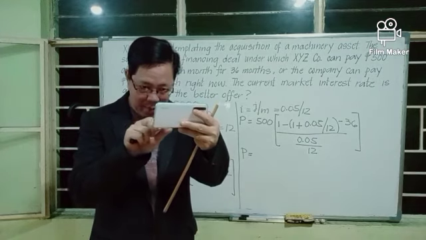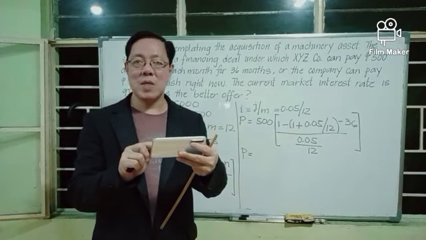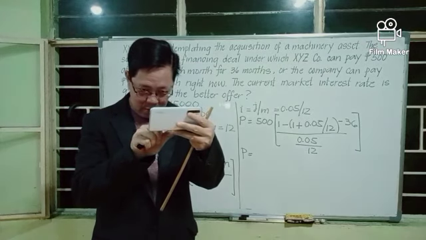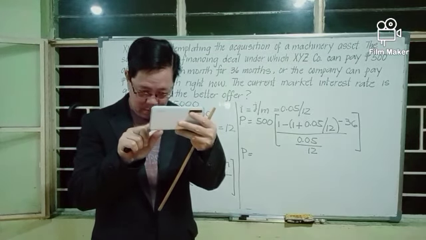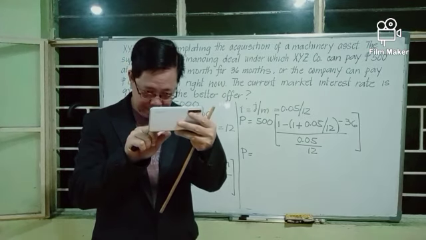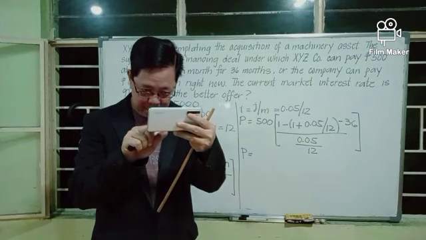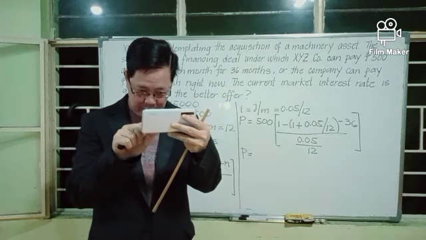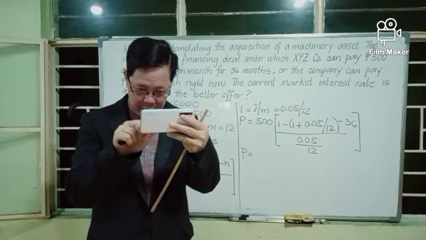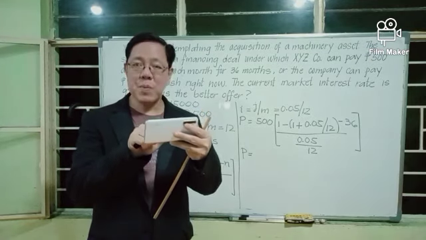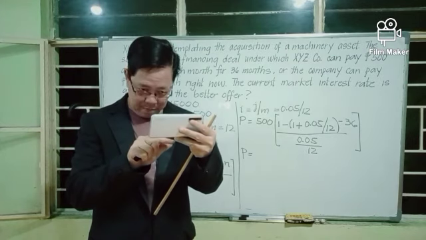We have 1 minus, use the grouping symbols, open parenthesis, one plus 0.05 divided by 12. Close parenthesis.